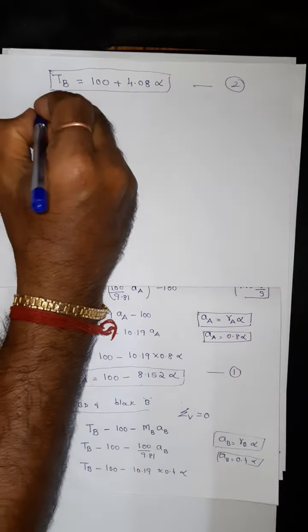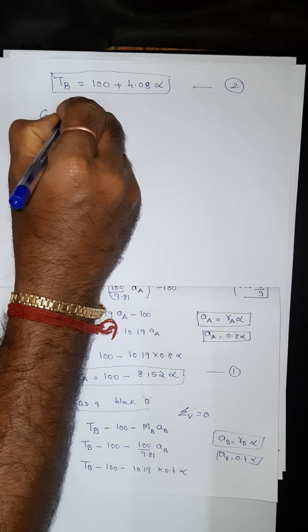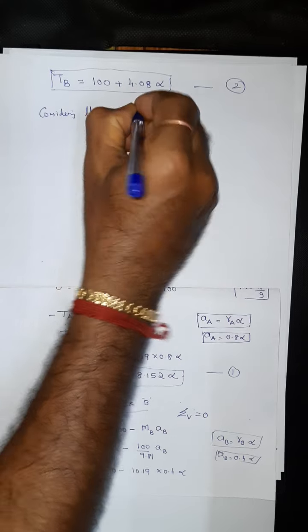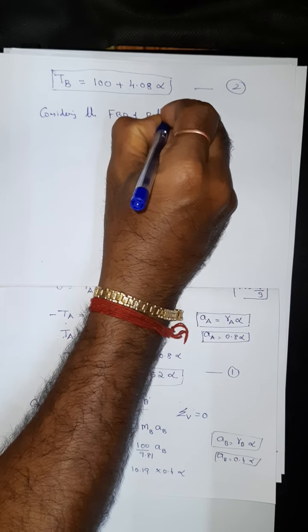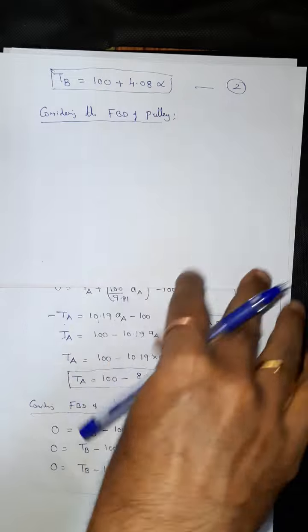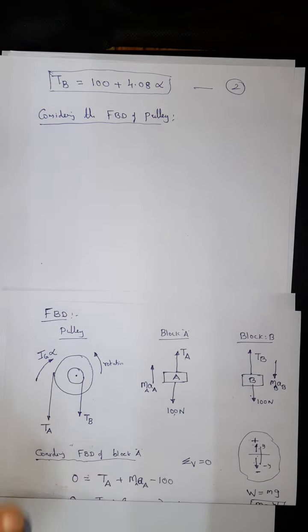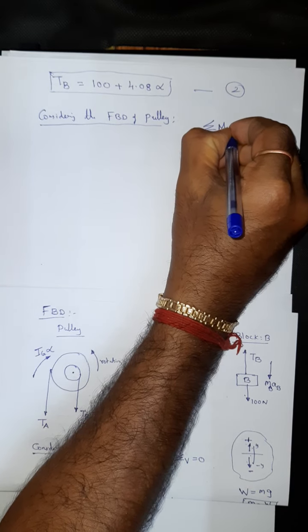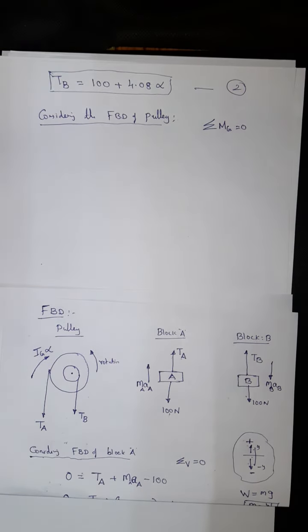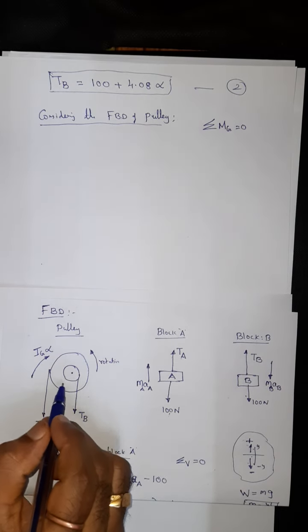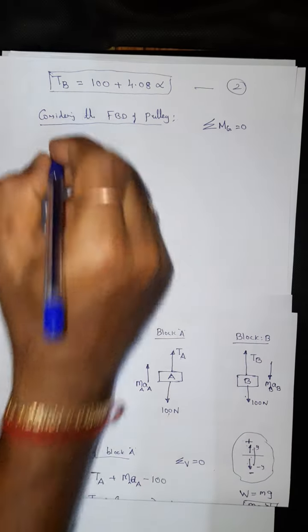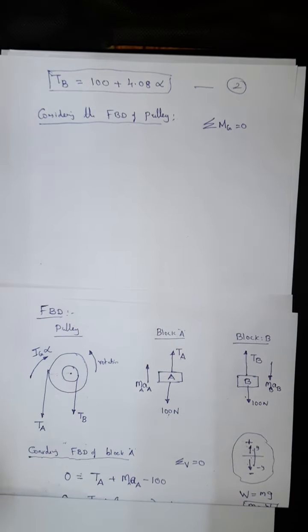Let me consider the next one, which is the free body diagram of the pulley. Here I am going to apply the sum of moments equal to 0. Let me consider this one first: TA into its distance, that is 0.8, which rotates in the anti-clockwise direction.